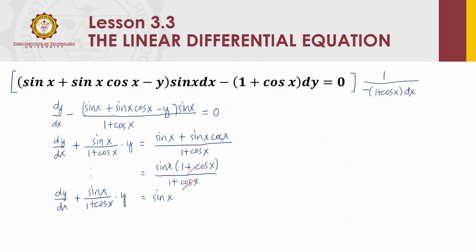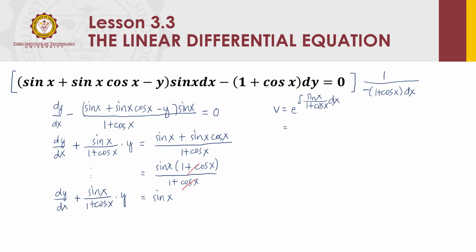So for the integrating factor, since y is our dependent variable, same as the previous example, it's e to the integral of p of x dx. Meaning sine of x over 1 plus cosine of x dx.